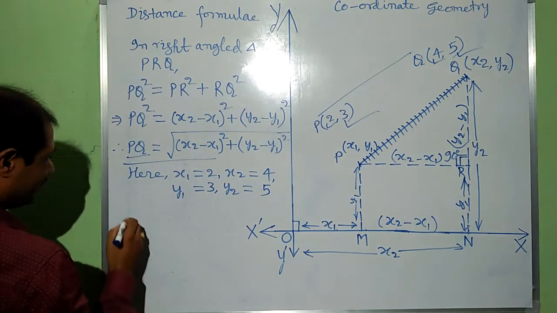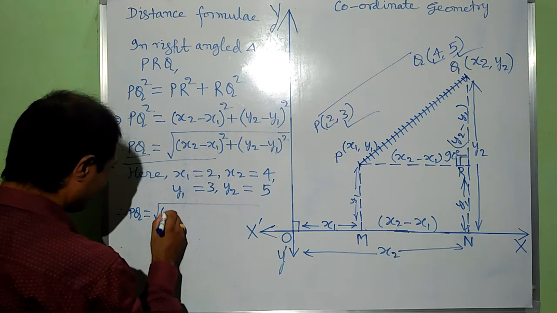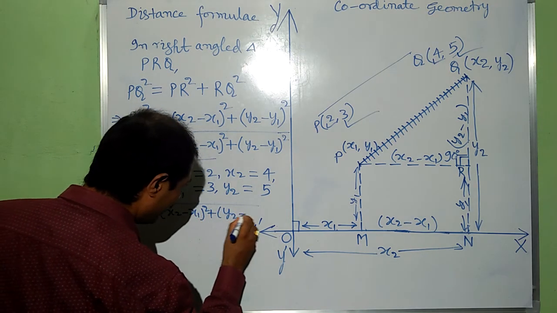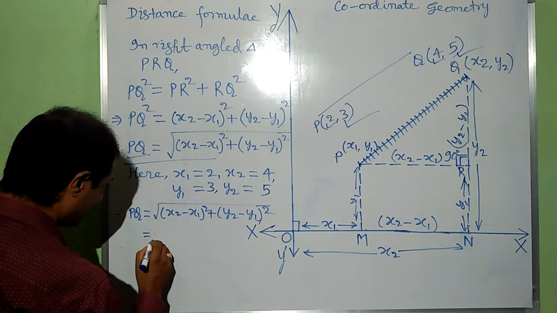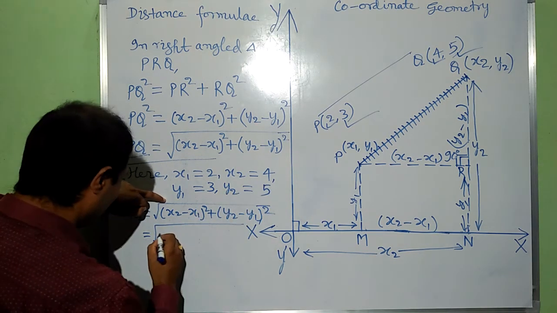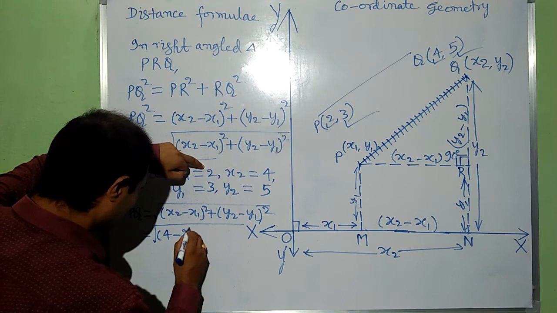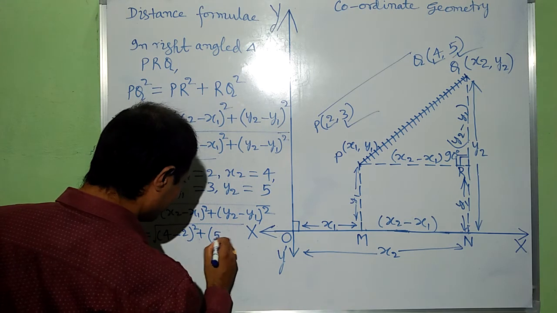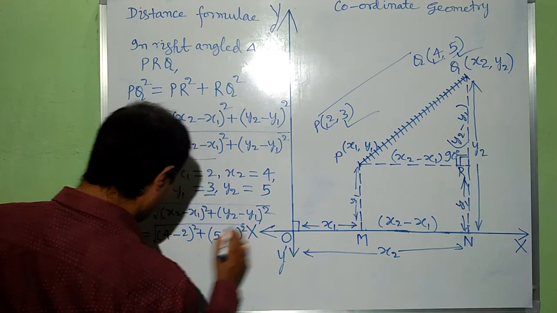Now distance PQ, hence PQ will be root under x2 minus x1 whole square plus y2 minus y1 its whole square. It will be calculated like this. x2, that is 4, minus x1, that is 2, plus y2, that is 5, minus y1, that is 3, its whole square.